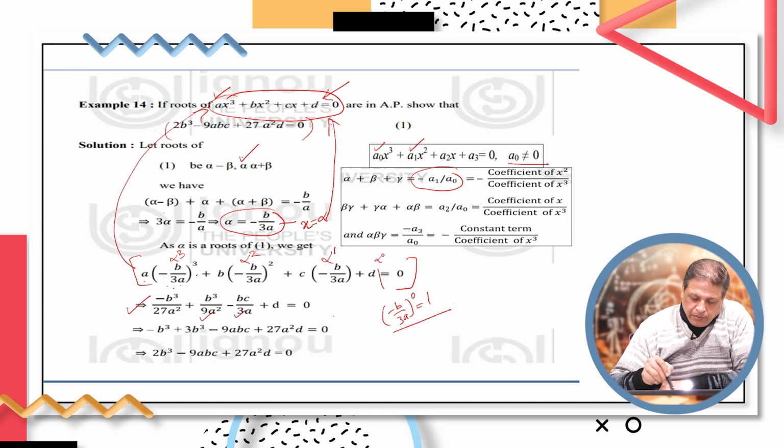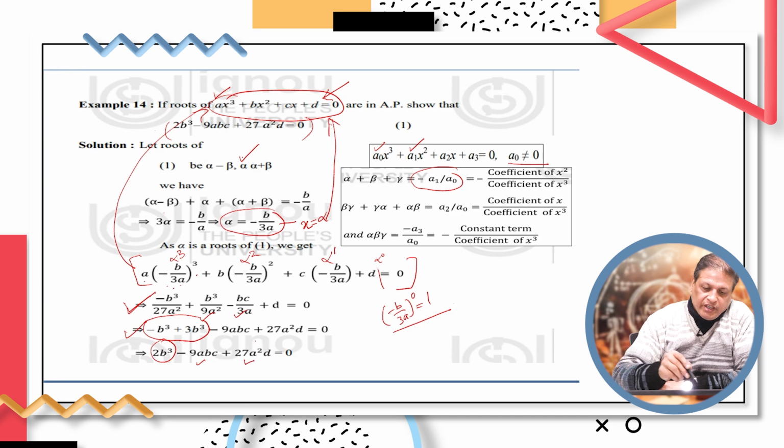After simplifying this equation, you will get the expression minus b cube plus 3b cube minus 9abc plus 27a square d. Now, b cube and minus b cube, two terms are there, so they will simplify to 2b cube, and what we are getting is 2b cube minus 9abc plus 27a square d, which is our required expression.